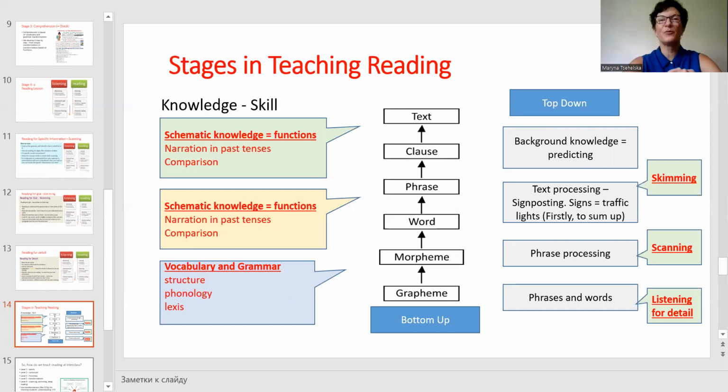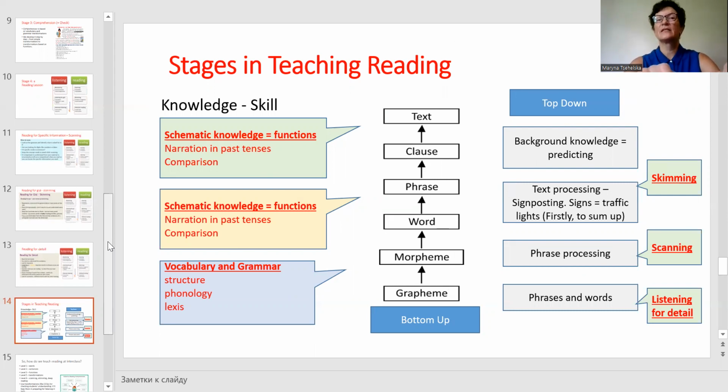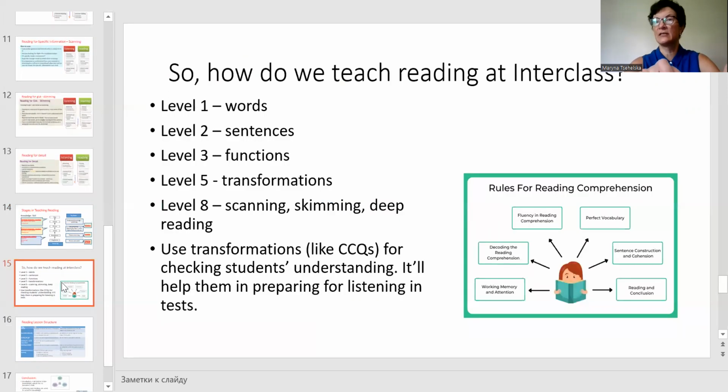And now you will probably easily tell me that at the initial stages of learning, at the earlier stages of learning, the bottom-up approach is more preferable, while when you have more advanced students, you will go top-down, activate their schemata, so you will go through keywords, signposts, and that is how a reading lesson may be structured.